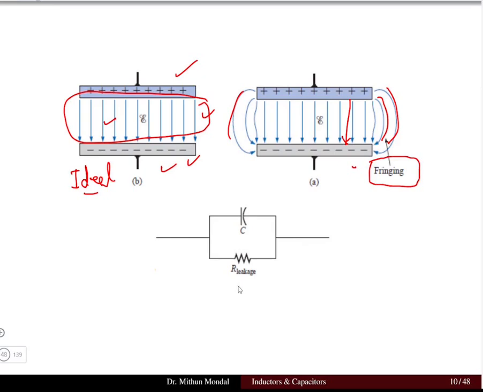The loss in the capacitor is represented with a resistance connected in parallel with the capacitor. So this is the ideal capacitor, and the resistance is connected in parallel to represent that this is a non-ideal or real capacitor. There is some loss.